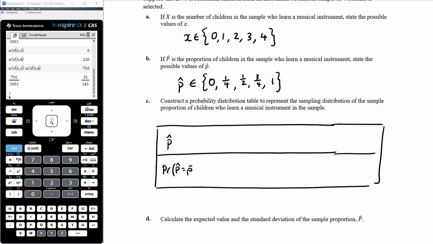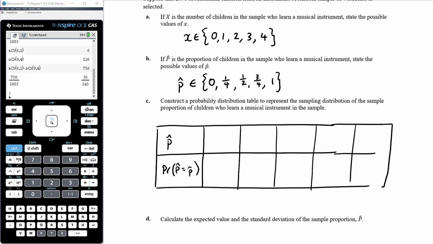Remember, that's an uppercase P and then a lowercase p. And we know that there are 5 possibilities: 1, 2, 3, 4, 5. We know that p hat could be 0, 1 quarter, 1 half, 3 quarters, 1.